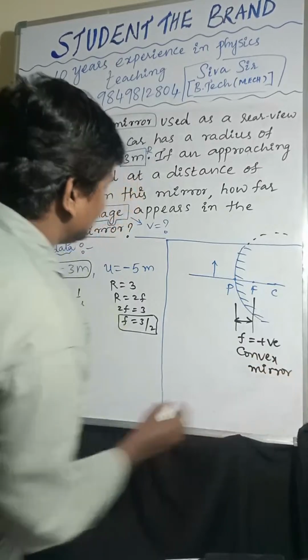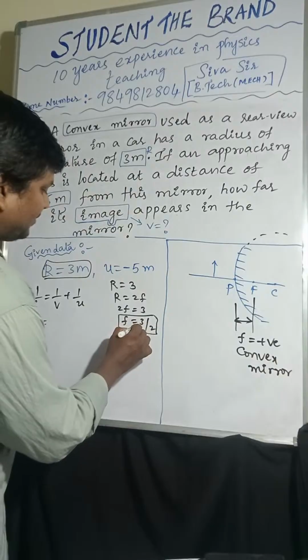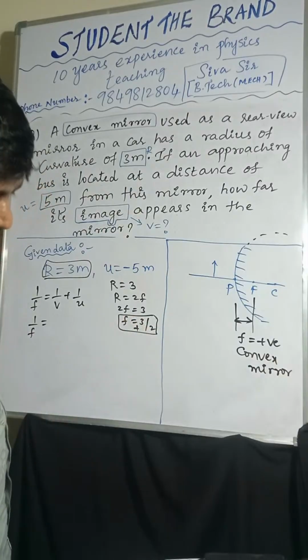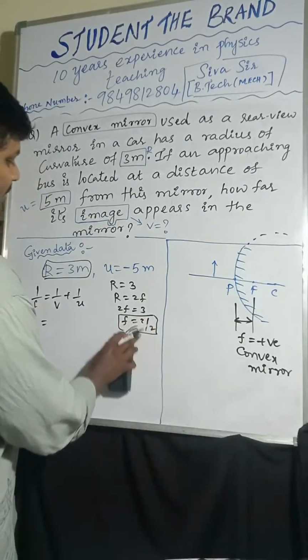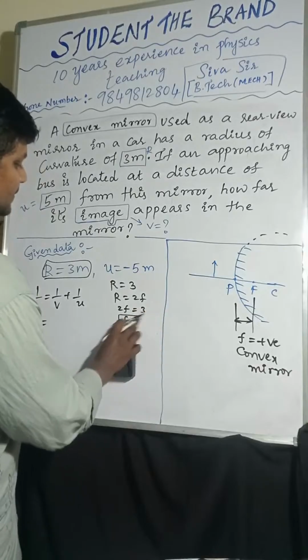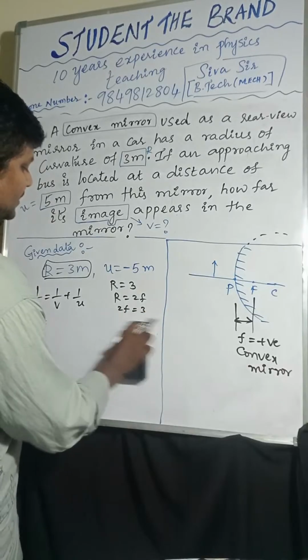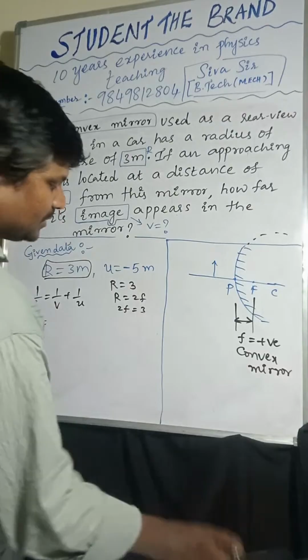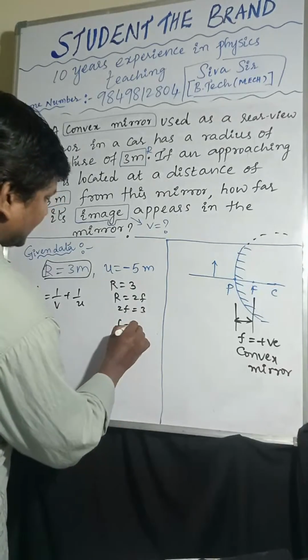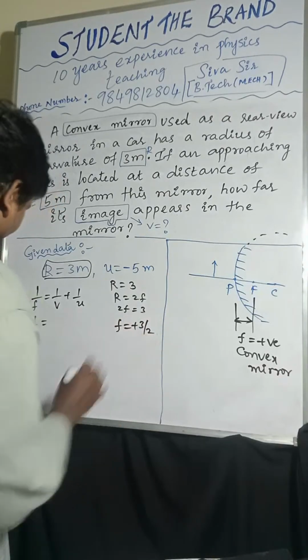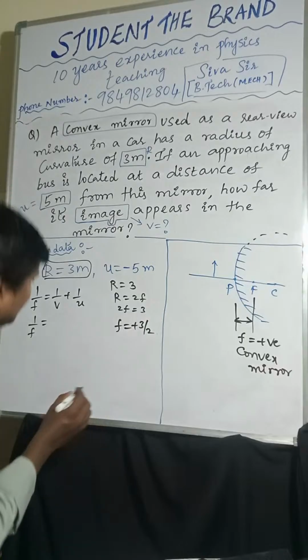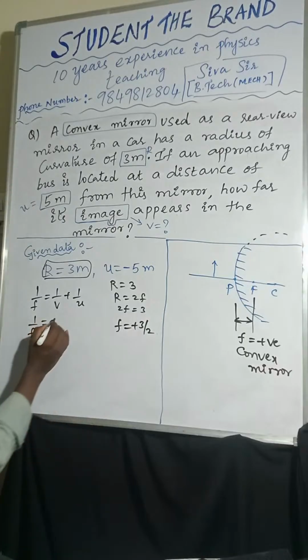Accordingly we take the positive sign. So f equal to plus 3 by 2. Now you substitute; we have to find the 1 by v value.